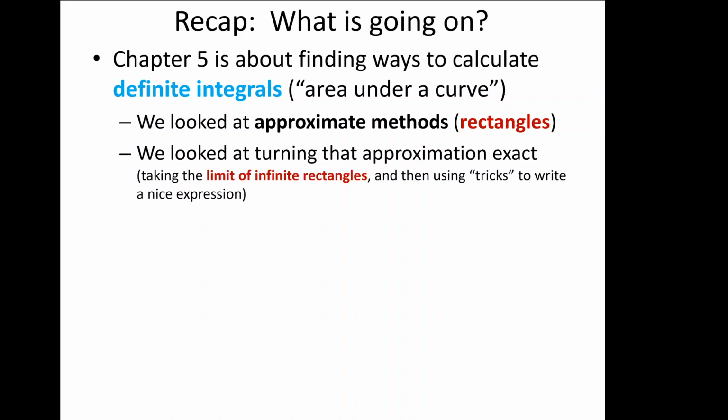We turn the approximation exact by letting the number of rectangles go to infinity and having the width of each rectangle go to 0. For some types of expressions like that, we use summation rules, summation tricks, if you want to call them that, to get nice compact expressions for the area.